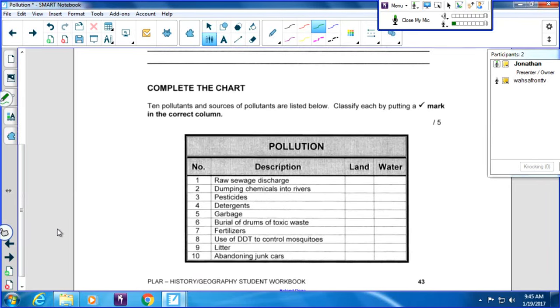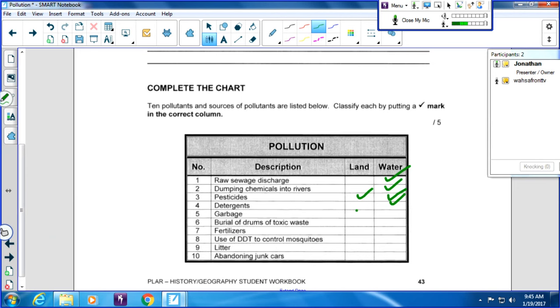Next, you see a little chart that has 10 descriptions. You are to put a check mark in terms of where they apply. For example, sewage discharge, is that land or is that water? Well, we know that sewage is water, so it has to be water. Chemical dumping into rivers, well, water. Pesticides, again, it could be both, depending on how you look at it. Detergents, that could be water.